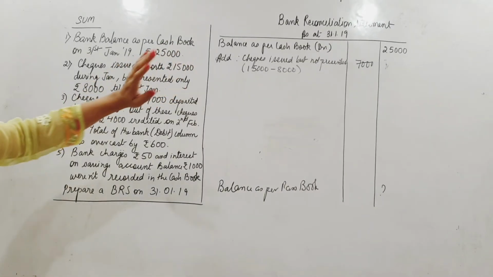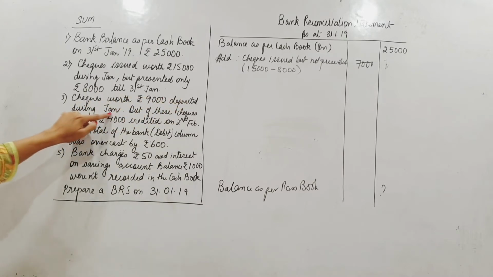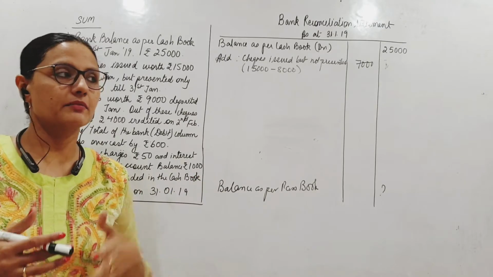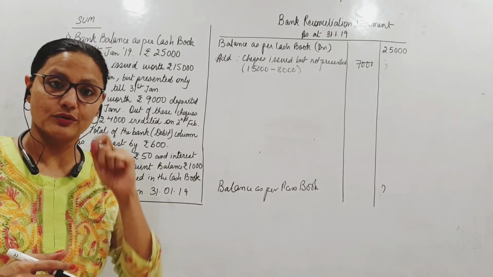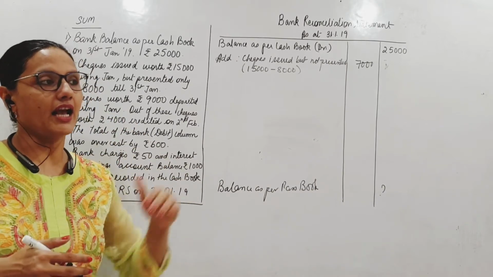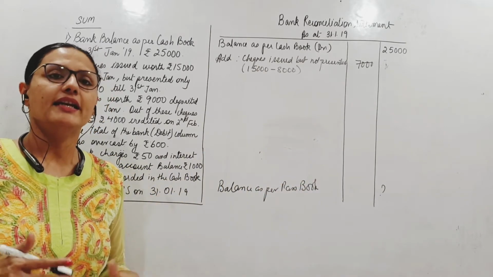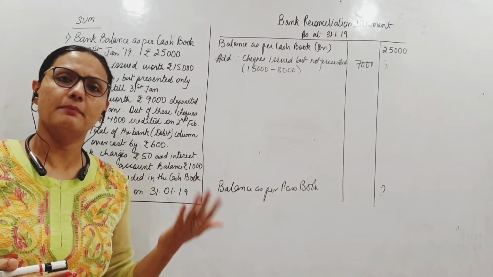Now, checks worth 9,000 deposited during January. Deposited means we got a check and I have put it in the bank. I told you in my introductory video also that it's not mandatory that if I deposit today, it reflects in my bank account today. It might take a day or 2 or 3 days to reflect the balance.